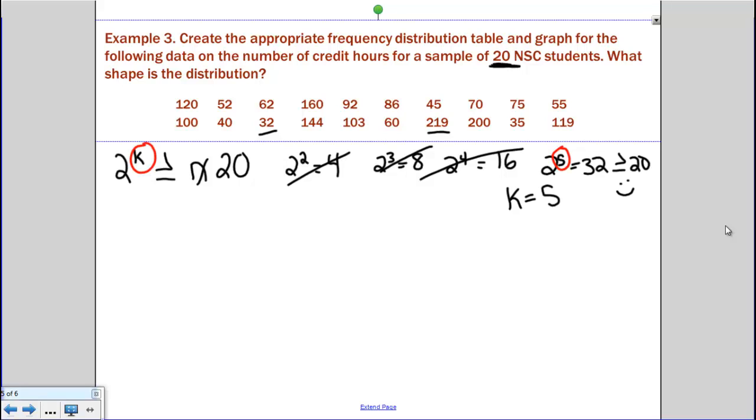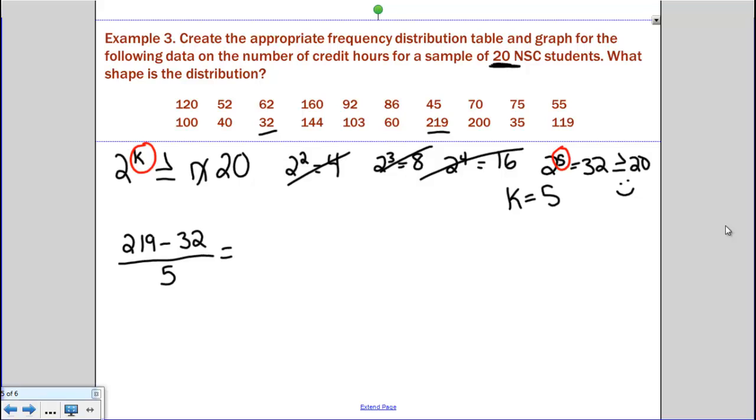All right, so once we've identified what k is, the number of groups that we're going to strive for, we need to identify how large of a width we want each group to be. So the way that you find that is you take the largest value in your data set. So the largest value, remember, identified as 219. Subtract the smallest value in your data set, which in this case is 32. And we're going to divide that by k that we just found, which is 5.